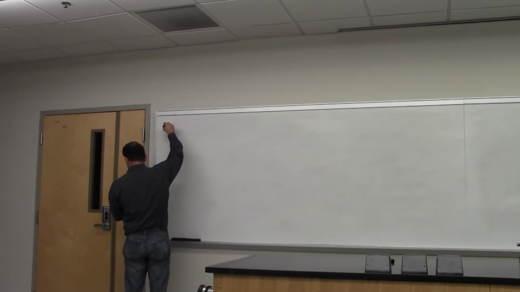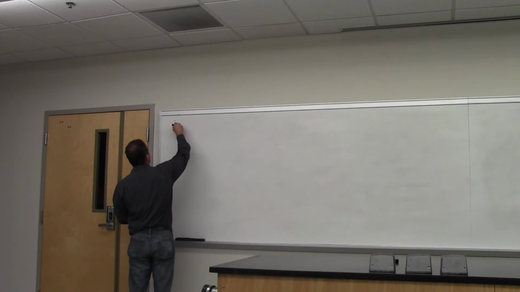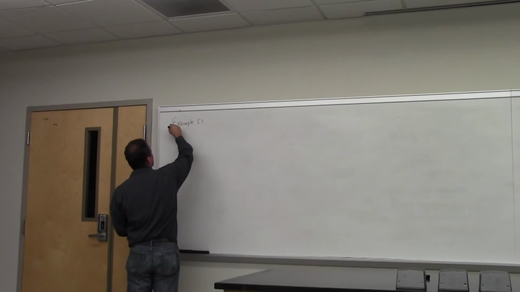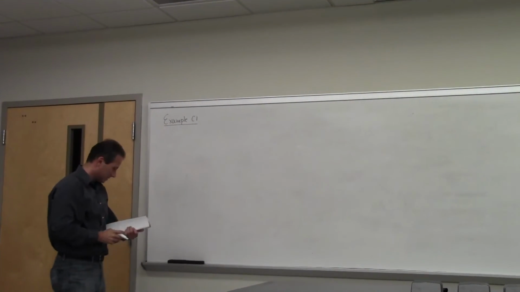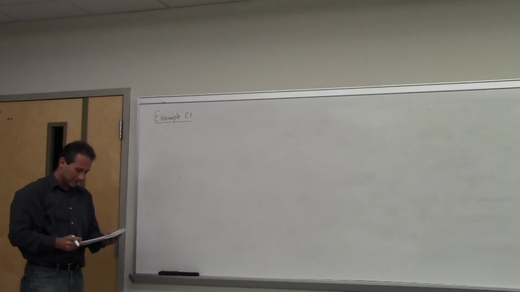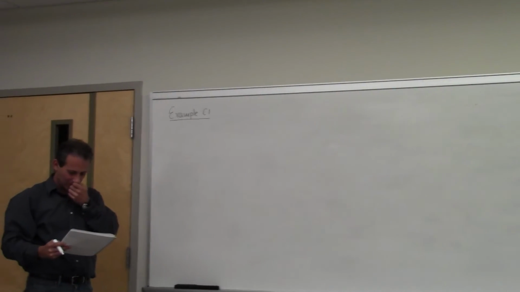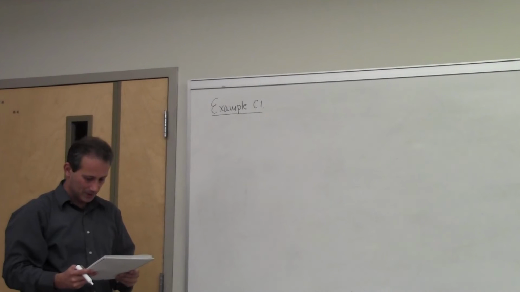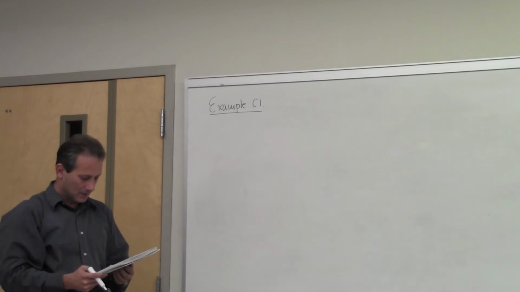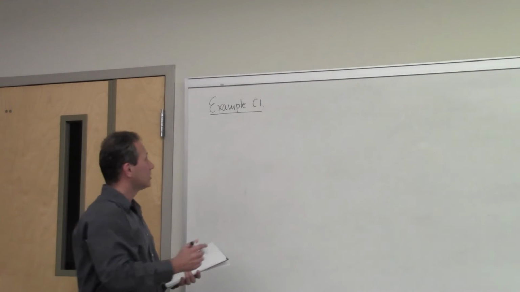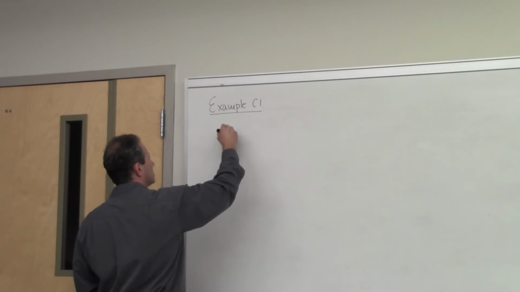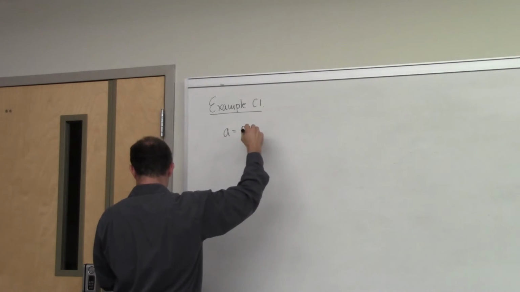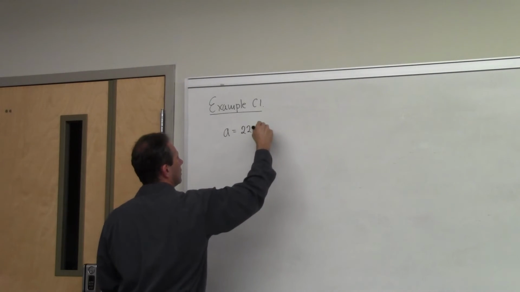So it says example C1. I don't know what C1 means, it's been some time since I put this on paper, so it might be referencing something in the book. But it says consider the satellite with the following parameters. A is given as 22,164 kilometers.